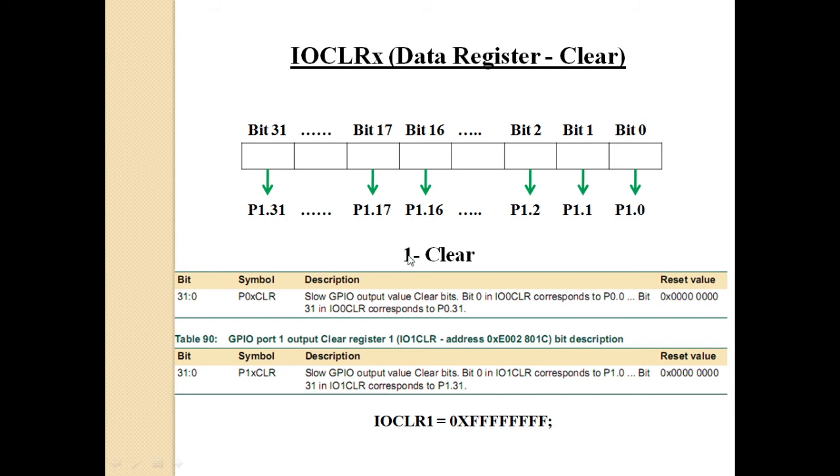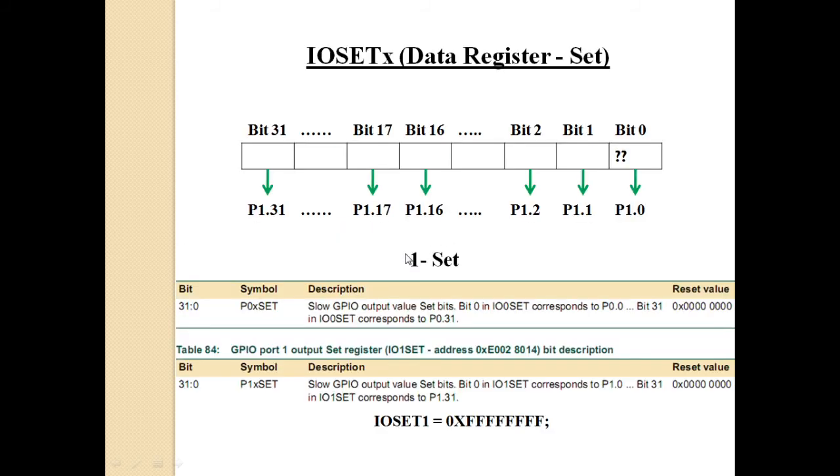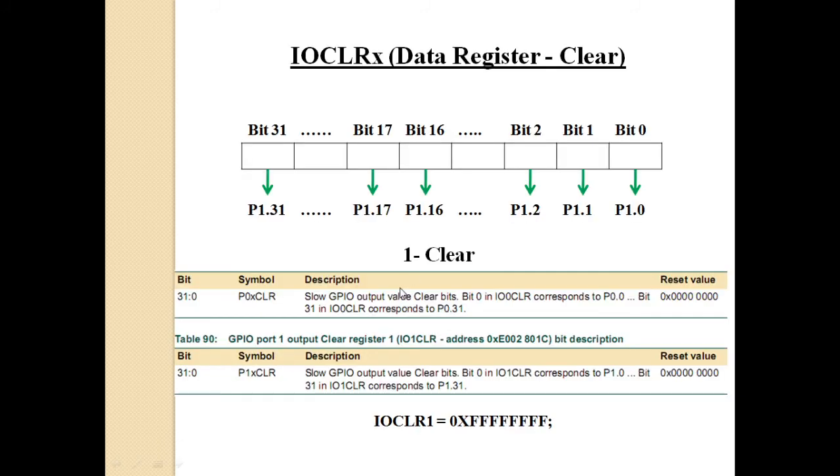You need to keep in mind here that for writing 0 to a pin, or clearing a pin, you are writing 1. For setting also you are writing 1, and for clearing also you are writing 1. If you are writing 1 to the IO set register, that pin will be set. If you are writing 1 to a particular bit of the IO clear register, the corresponding pin will be cleared.